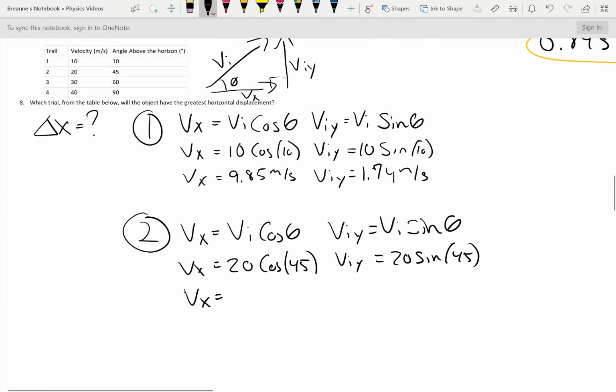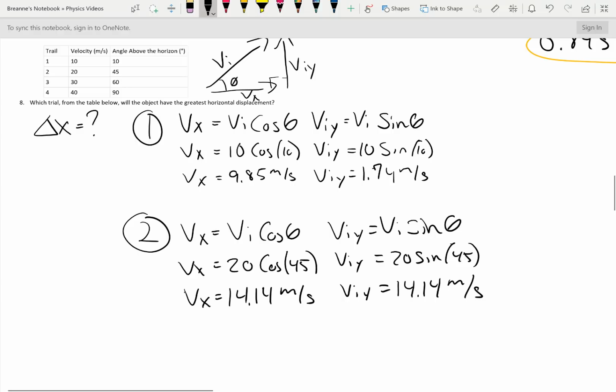So our velocity in the x will end up being 20 cosine of 45, so that'll get you 14.14 meters per second. Our initial y will give you 20 sine of 45. Oh, look, it gets you the same answer.